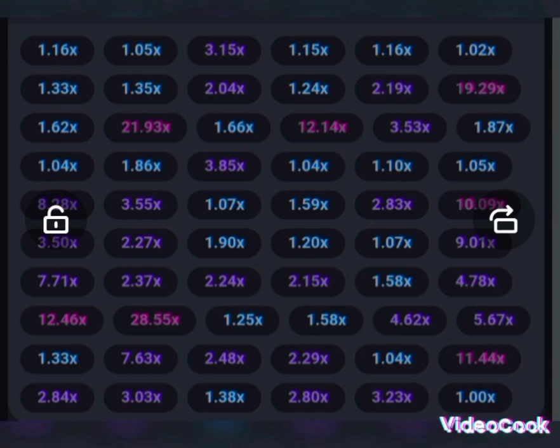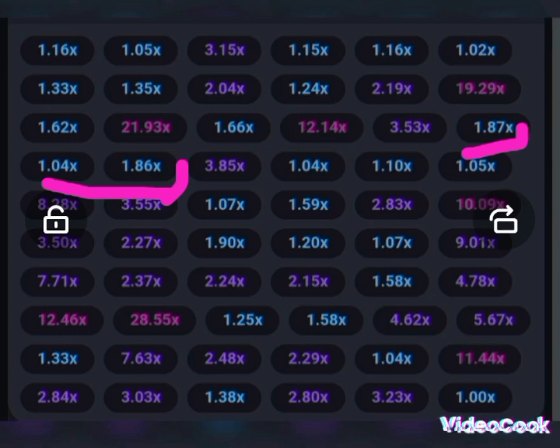You see, here and here. Are you getting me? Here 1.86x, 1.04, and then it increased to 1.87. Are you getting it? Like this one, it plays something like, okay, let's take a look here.